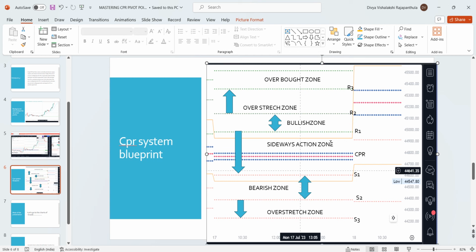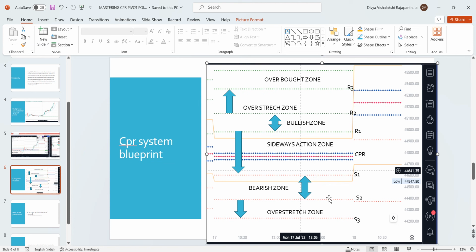Likewise, we have supports below the CPR, which is the bearish zone. When the price closes below the previous day low and the S1, most of the profitable traders enter here and they aim for S2. I have told you this system has perfect entries, exits and targets.